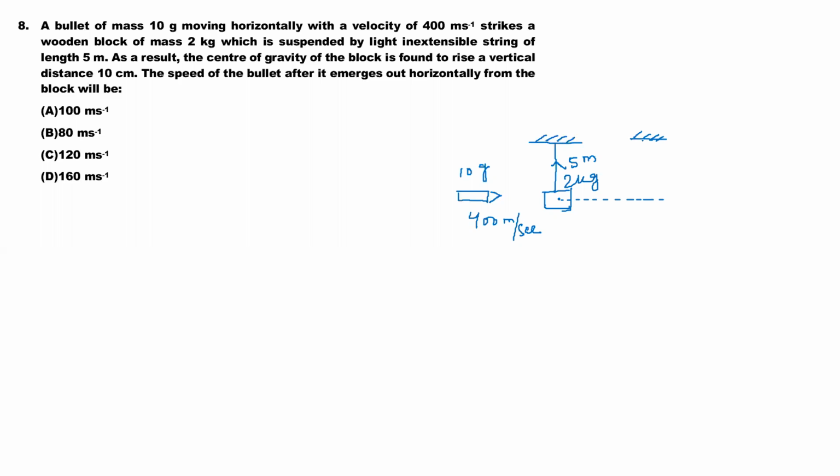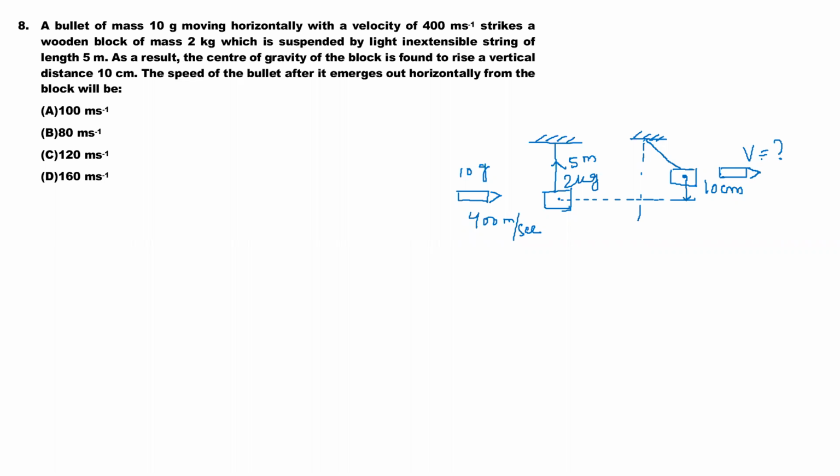That means initially it was like this, now the block is like this after the bullet penetrates, and this height above the reference level is given as 10 centimeter. After that, the bullet emerges. So we have to find the speed of the bullet after it emerges out.